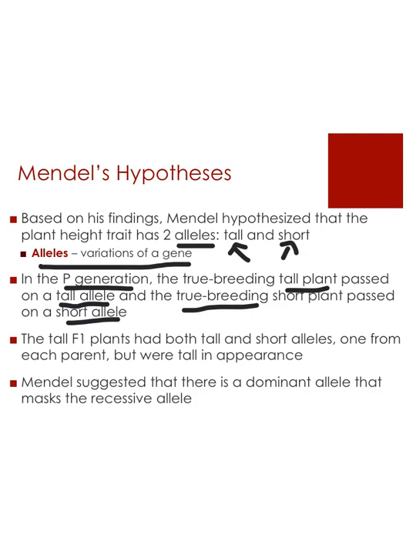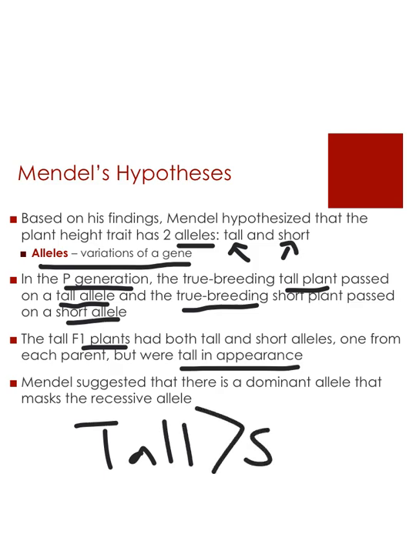So then he figured, hey, if one parent gave their offspring a tall allele and one parent gave their offspring a short allele, that must mean those F1s have one of each. So the F1s have both the tall and the short version. However, even though they had one of each, one tall and one short, they were tall in appearance, which means that the tall was winning out over the short.